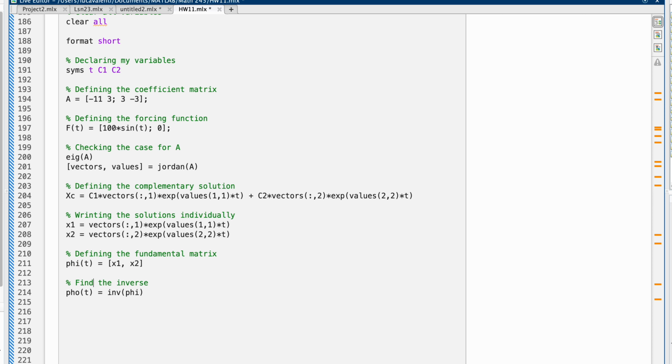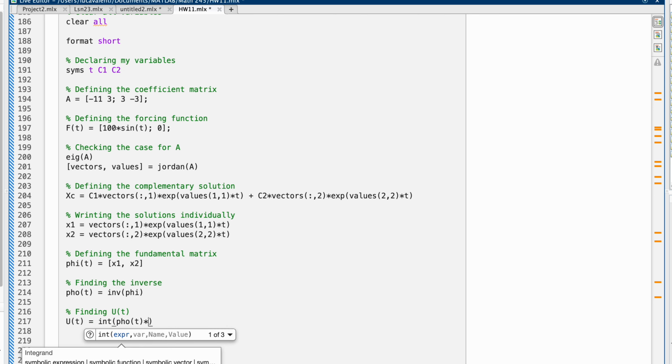So here I'm going to say finding the inverse, and then I know that my finding u of t, and I know that u of t is equal to the integral of phi inverse of t times f of t. And we don't actually need to put t in there, but we do need to specify with respect to what variable. It's a good idea to do it anyway.